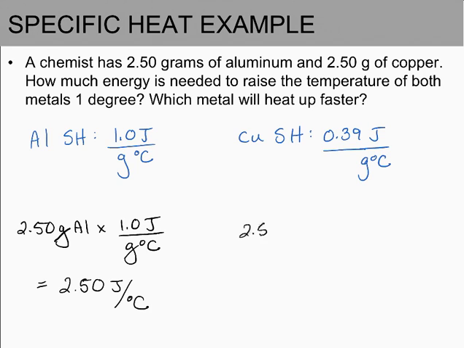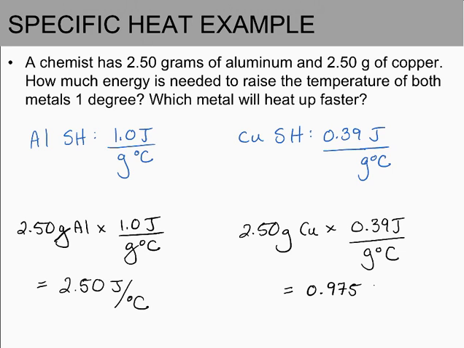So we have again 2.5 grams of copper, but copper's specific heat is a lot smaller. So when we multiply 2.5 by 0.39, we end up with 0.975 joules per degree Celsius.